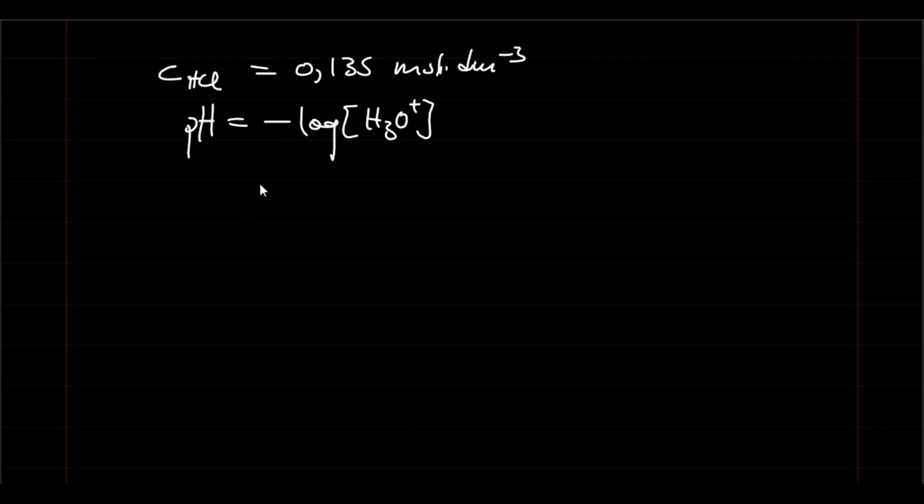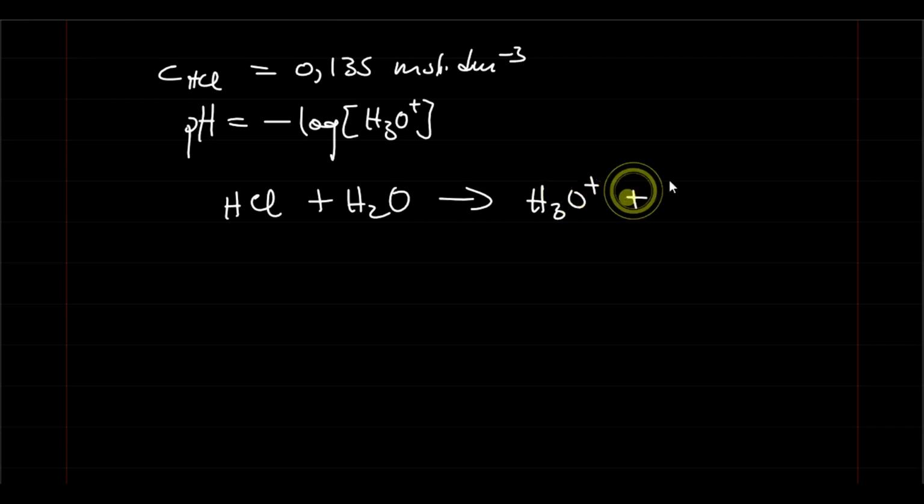So this HCl in aqueous solution, what does it form? HCl plus water gives us the hydronium plus Cl minus. So now it is balanced, as you can see.